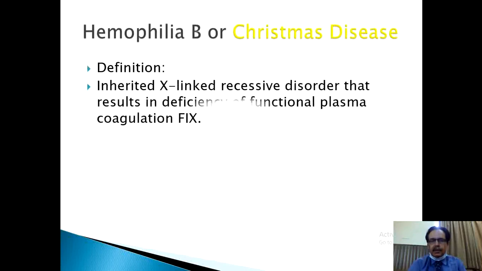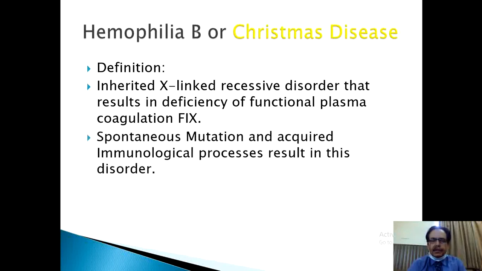Hemophilia B is also known as Christmas disease. It is defined as an inherited X-linked recessive disorder that results in the deficiency of the functional plasma coagulation factor number 9. In hemophilia A, the deficiency is that of coagulation factor 8.